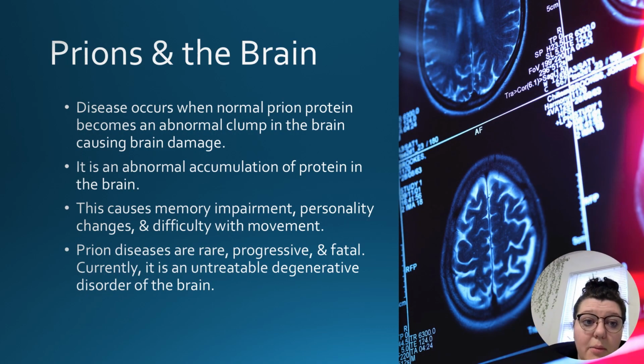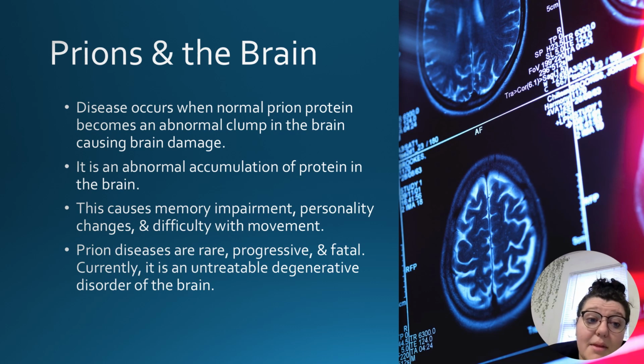And here we'll talk about prions and the brain. Disease actually occurs when normal prion protein becomes an abnormal clump in the brain. This then actually causes brain damage.